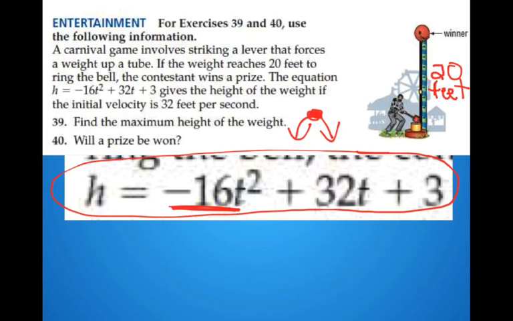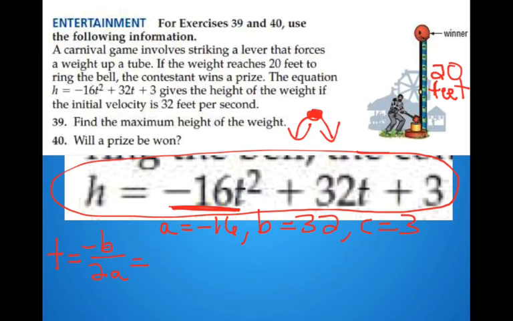So let's identify our a, b, and c. So a equals -16, b equals 32, and c equals 3. So normally we have x equals -b over 2a. This is the same thing, it's just that we're going to say t equals -b over 2a.